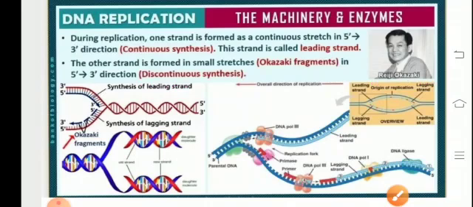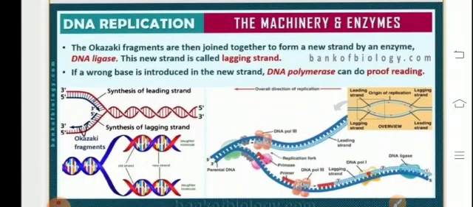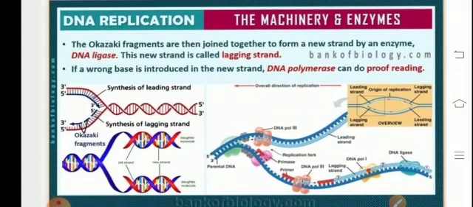We can see that the primer gets attached, and then DNA polymerase 3 is carrying out the polymerization. There are subunits of the DNA polymerase, that is alpha, beta, gamma, delta, and epsilon, which help facilitate the process of polymerization.